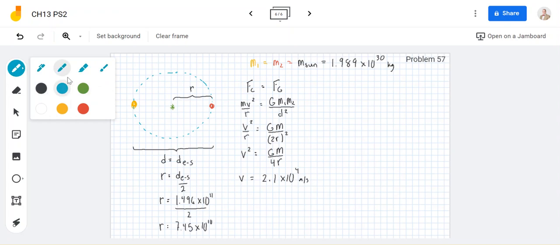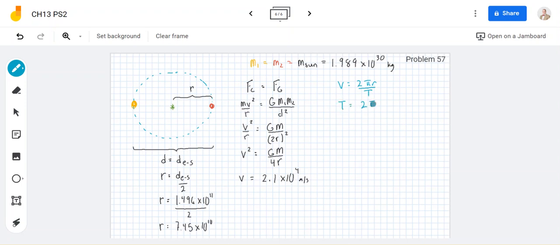Don't forget that if you're going in a circle, speed is equal to 2 pi r all over t. Therefore, the t should be equal to 2 pi r all over v. So I have the radius here. I have the speed here.